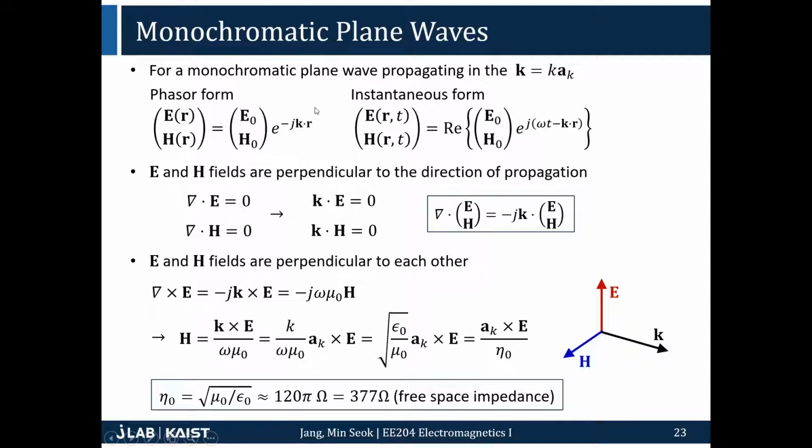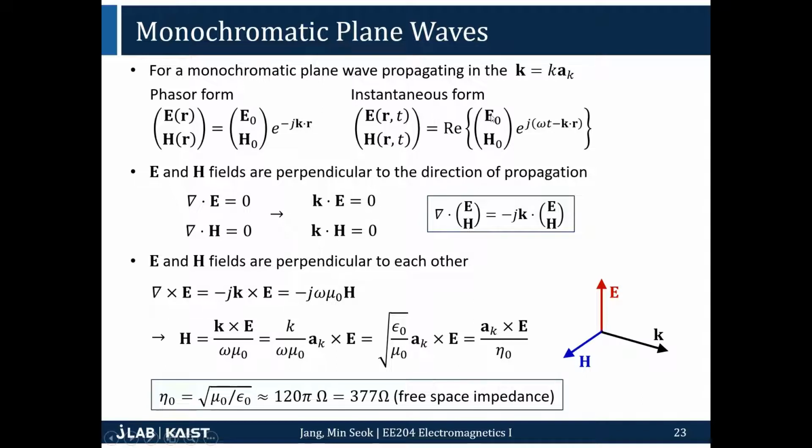So if you do that, then the monochromatic plane wave solution in phasor form is e to the -j k dot r. In our previous example, k was just k a_z because we only had the z direction. But if it's a general direction, then it should be k dot r.